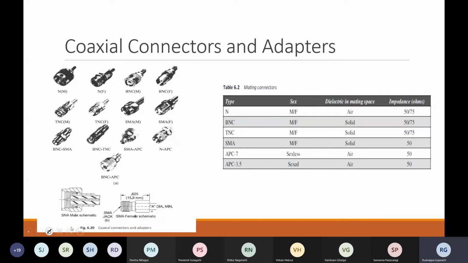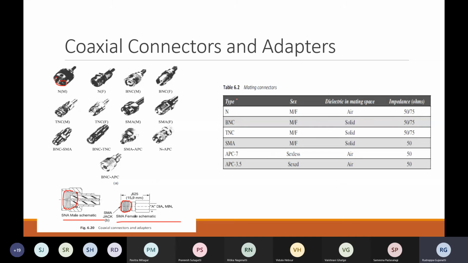Now apart from this, you can see how the cross section of the SMA male schematic and female schematic is shown. The main observation here is that the threading in the female SMA connectors is outside, whereas for the male connectors, the threading is inside, inside this tube, which is used for connection.